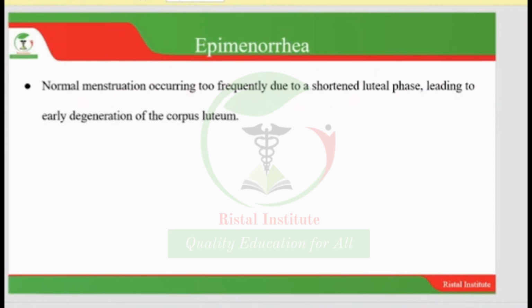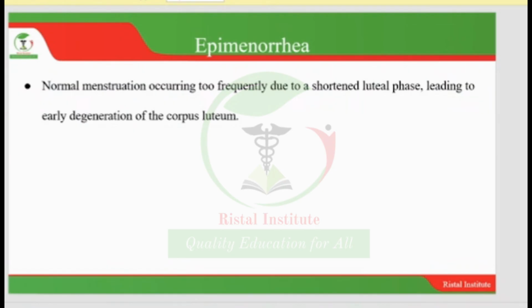The other pattern of DUB is epimenorrhea. So epimenorrhea refers to normal menstruation occurring too frequently due to a shortened luteal phase, leading to early degeneration of the corpus luteum.